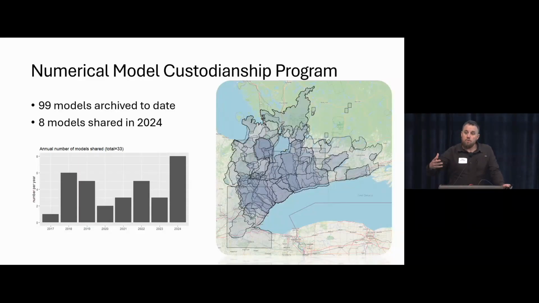We have a program to ensure that they are all in an operational manner, and we offer the platform for someone to request a model and that we share, so that the knowledge built into these models in the past gets preserved. Last year was pretty good. We got 8 requests to share models, and they get worked on and reported and we get them back. So we just keep preserving that knowledge, because models are really an organic knowledge base rather than a one-time product that deserves to go on a shelf once they're done.